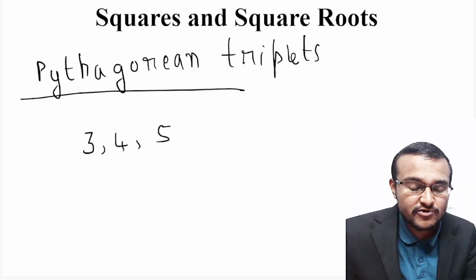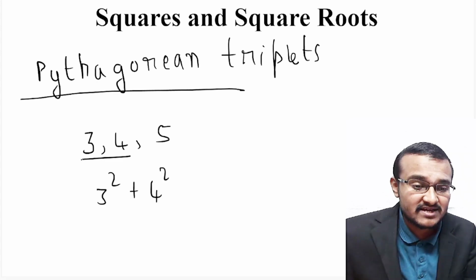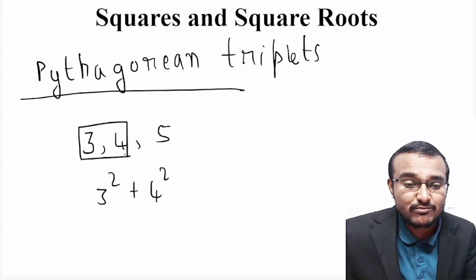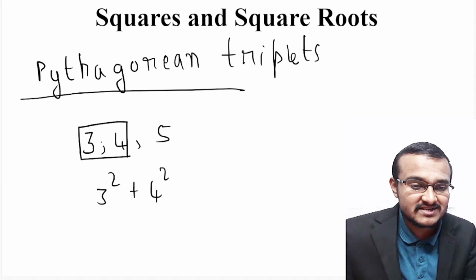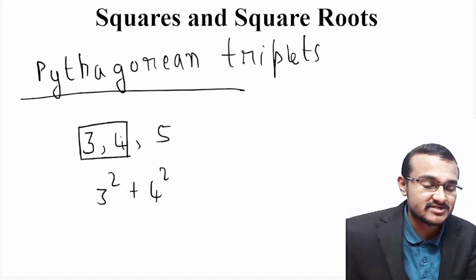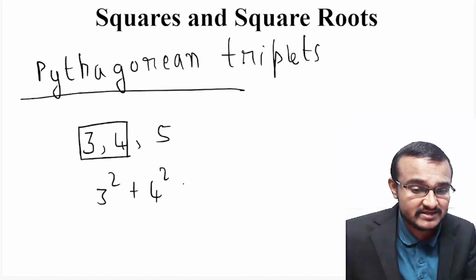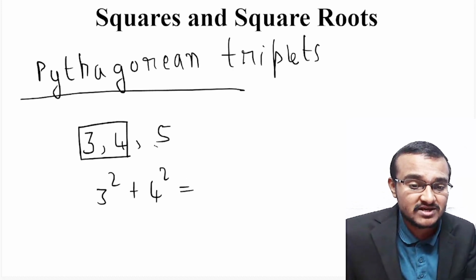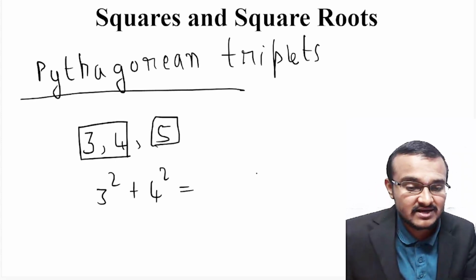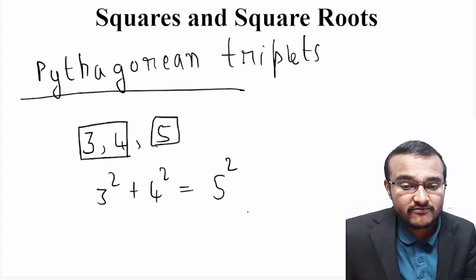So all 3, 4 and 5 are natural numbers. In these three numbers, 3 and 4 are the lowest numbers. So when you square those numbers and add together, then that will be equal to the highest number among those three. That is, it will be equal to 5 square.